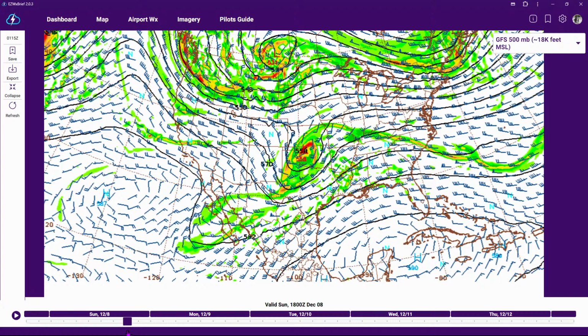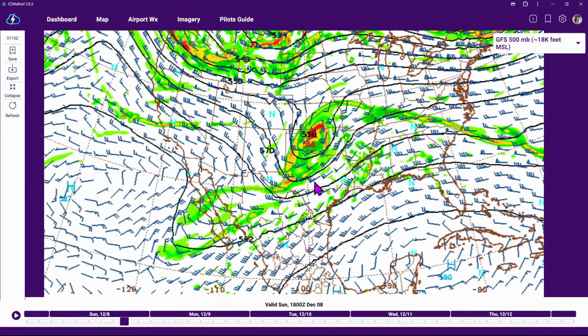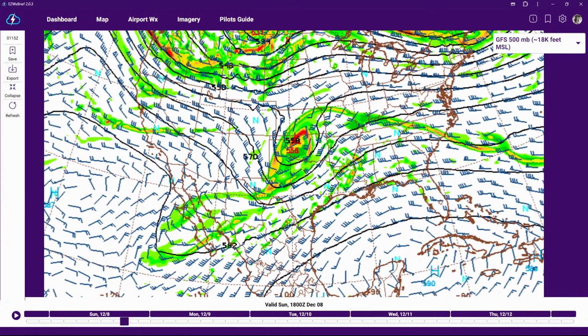If we look at what's happening as of 18Z on Sunday, what we see is essentially a positive tilted trough, which generally is a little less intense when it has a positive tilt to it. But you do see, for the most part, here at 18Z, this vorticity pattern ahead of that.